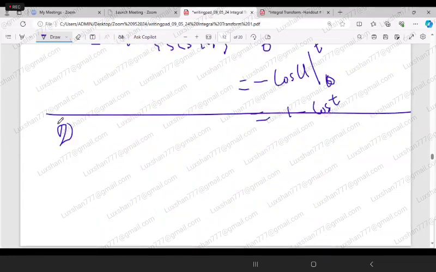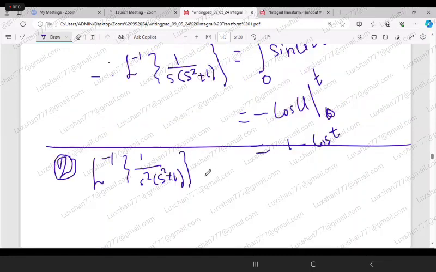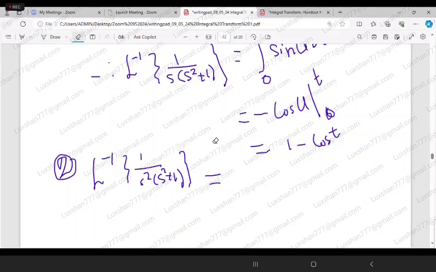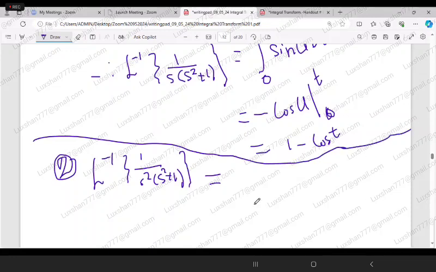Now the second one, we'll find the Laplace inverse of 1 over s square plus 1. This is nothing but 0 to t of this one.